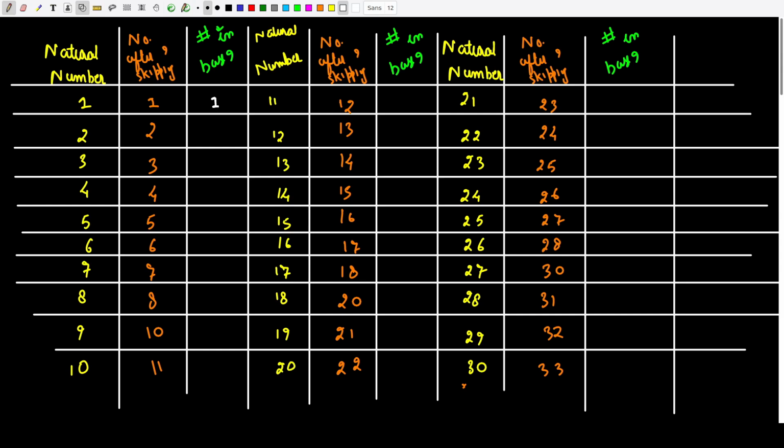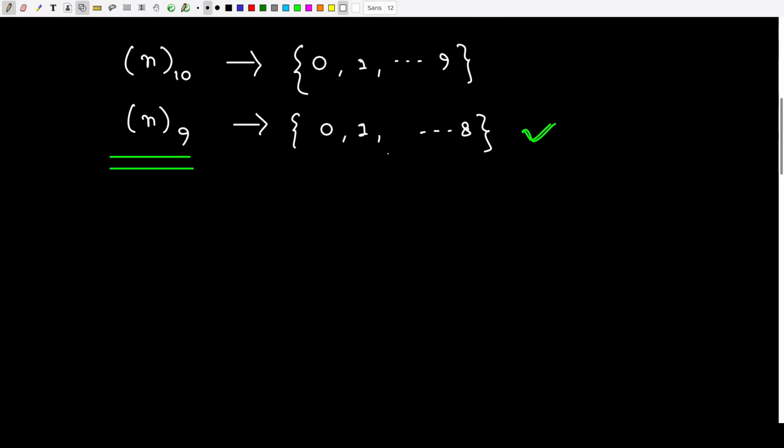So the numbers 1, 2, 3 till 8 remain the same. Let us represent 9 in base 9. The way we do this is by dividing 9 by the base, which is 9. So we divide it by the base and the quotient becomes 1, and whatever is the remainder will become my LSB, so 0.